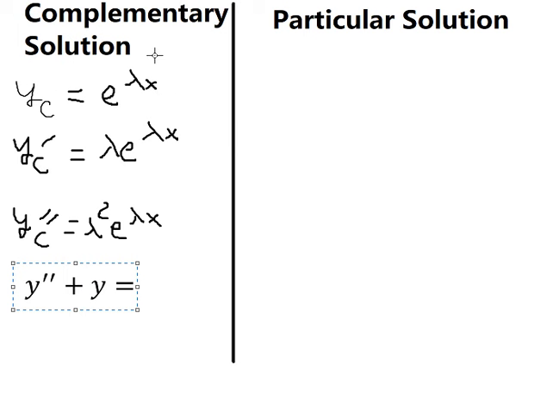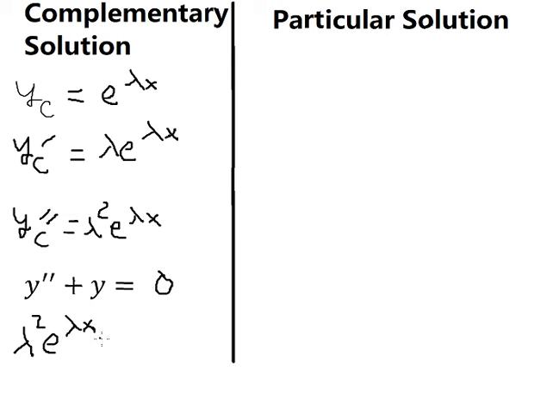Because this is the complementary solution, this equation equals 0. Now we have only the second derivative and the original. So we put this one in here, and this one in here. So we have lambda square e to the power of lambda s plus e to the power of lambda s equals 0.